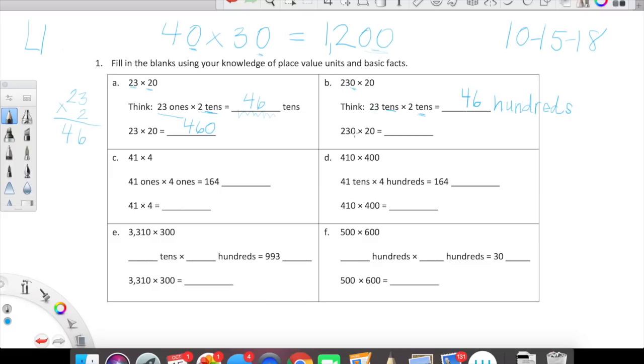So the final answer for 230 times 20 is 46 hundreds in standard form, which is 4600 or 4,600. And this makes sense because 23 times 20 and 230 times 20 are very similar, but 230 has one more zero than 23, which means the resulting product here has one more zero than 460. So that makes some sense.